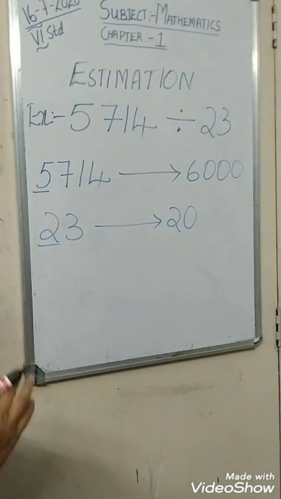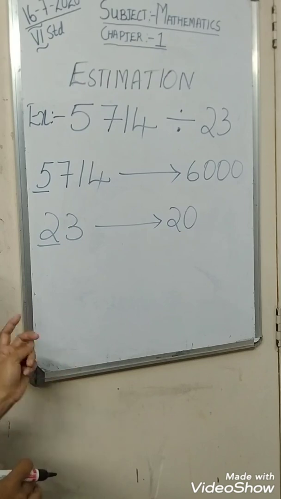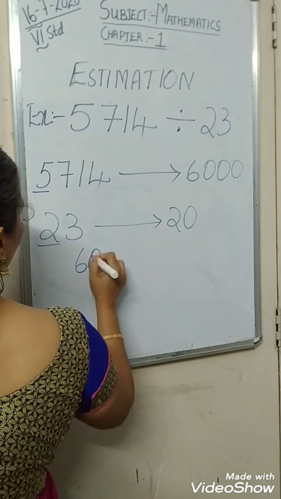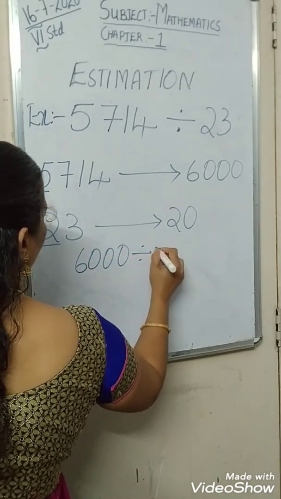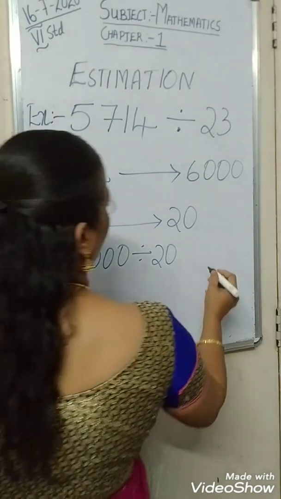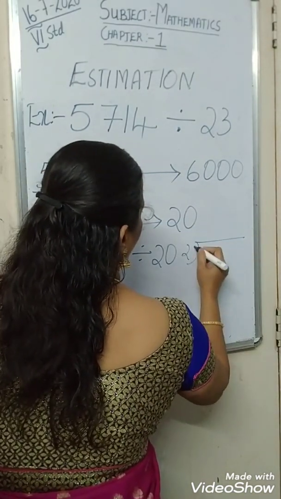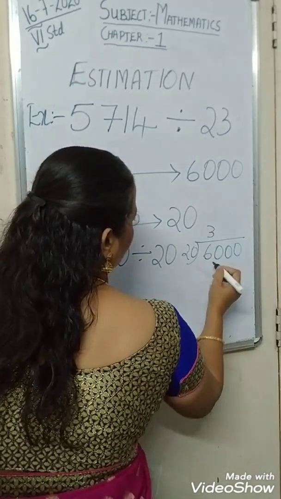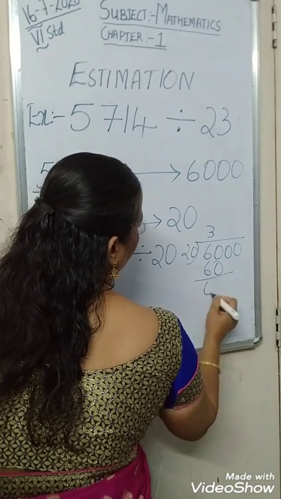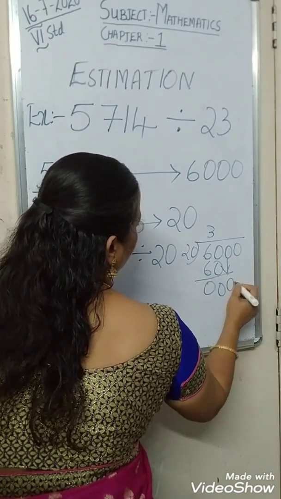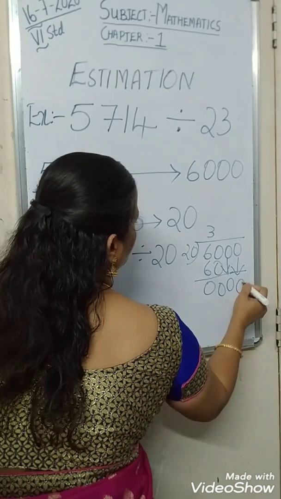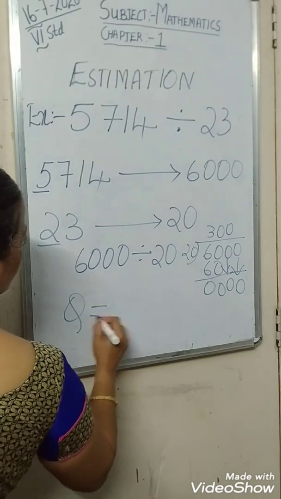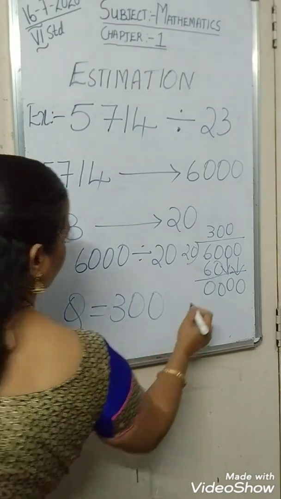Here we are estimating all the numbers to the greatest place value. Now let us divide 6,000 by 20. You know how to divide it? 20, 6,000. 23s are 60 and we have 2 zeros here and we cannot divide further. So those 2 zeros are added here. The quotient is 300.